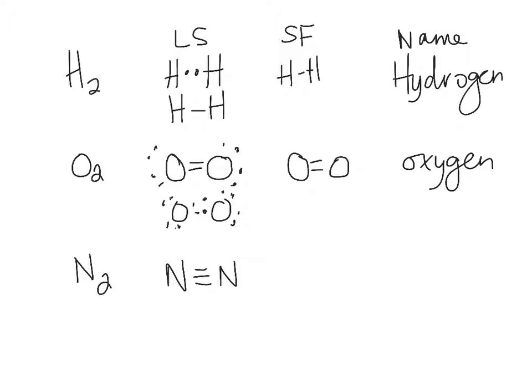How many total valence electrons? It has 5. How many does it want? 8. We need 3 more. So that is your Lewis structure, or there's your Lewis structure.